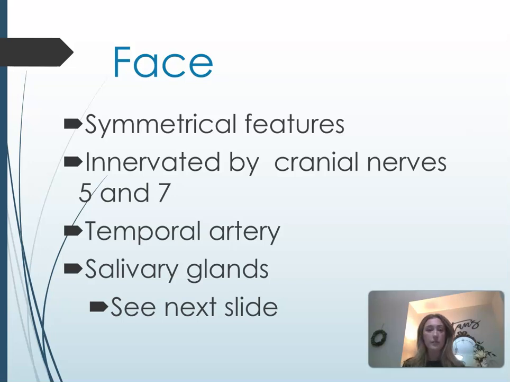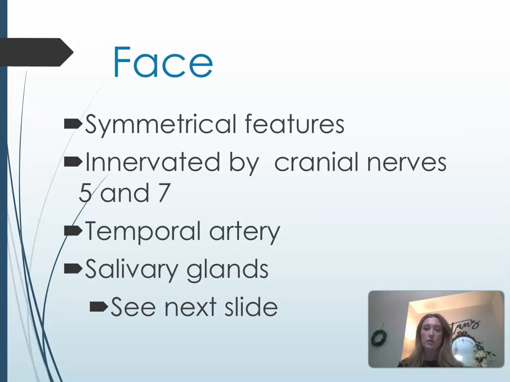Okay, so again, when we're looking at the face, of course, the biggest thing we're looking at is symmetry. Because if the face is not symmetrical, we are usually worried about a stroke or a cerebral vascular accident, which can be an emergency, of course.